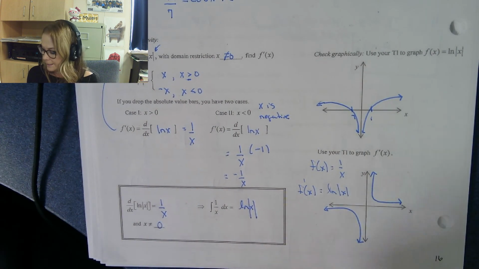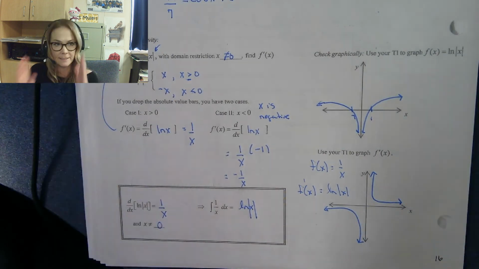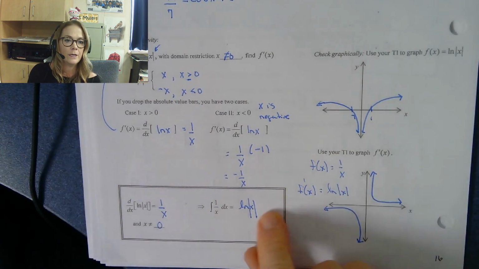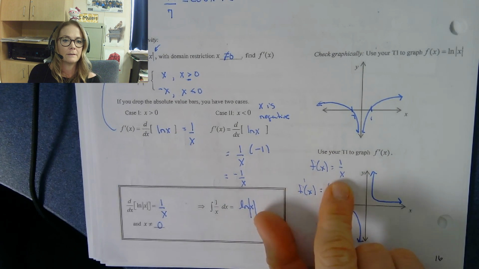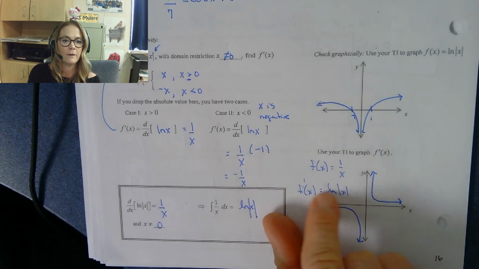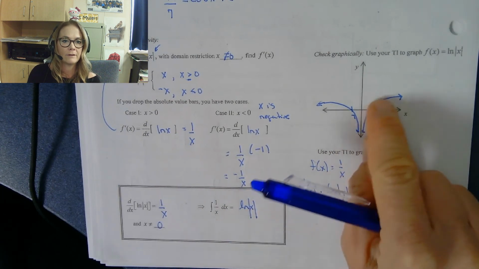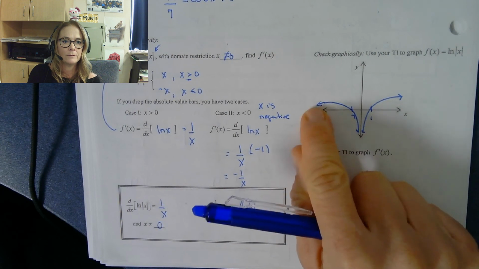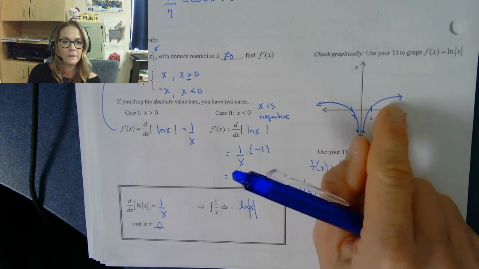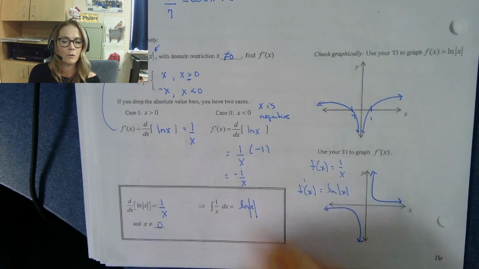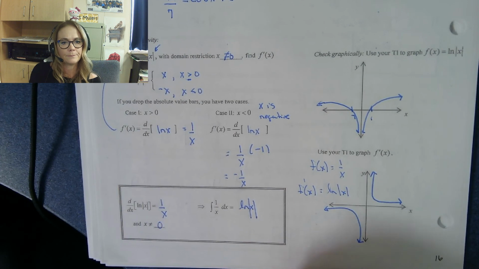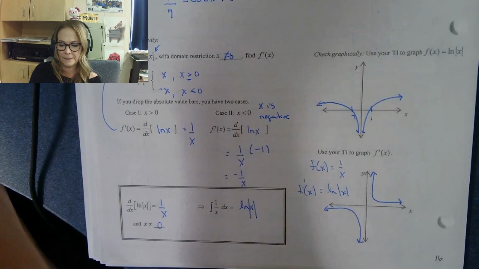So when you integrate 1 over x to ln, just protect it in absolute values. And this is why. We know what this graph looks like. So we just have to make sure everything cooperates with one another. And that's another one of those things that's kind of out there.